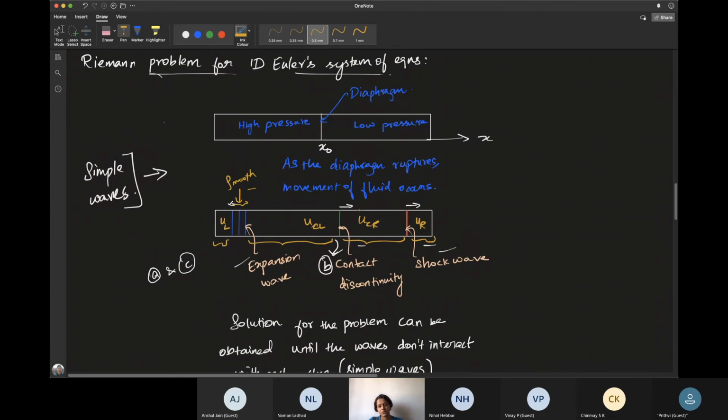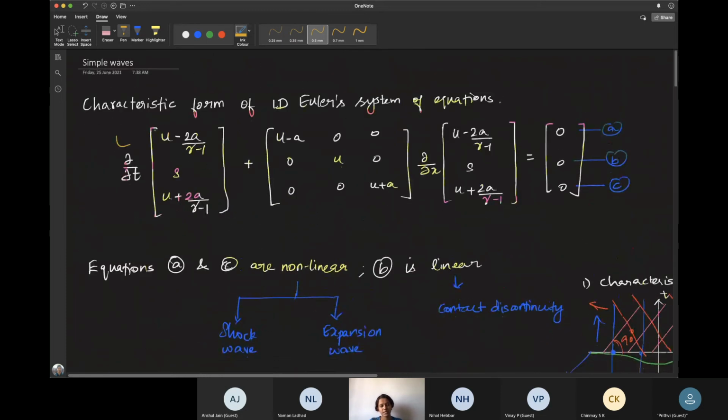And also these waves don't interact. This is an assumption, known as the simple waves assumption. In this case, we can solve each of these equations A, B and C separately.